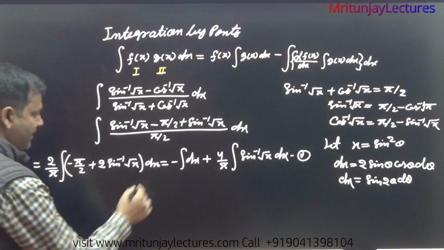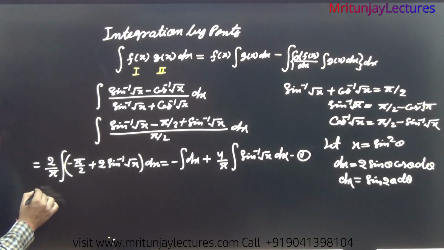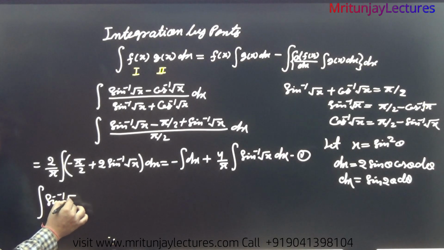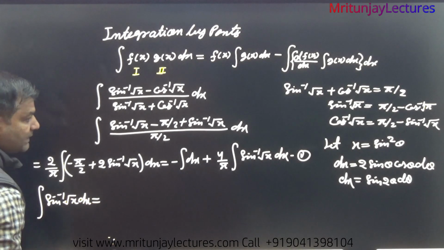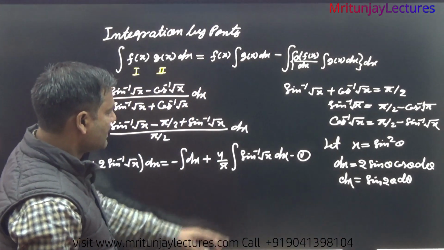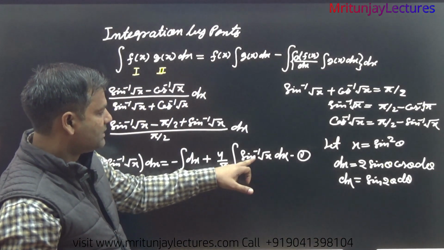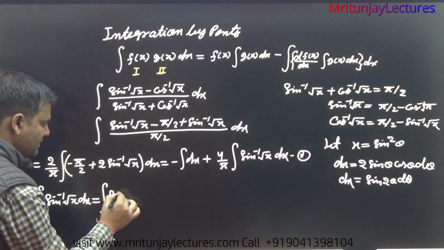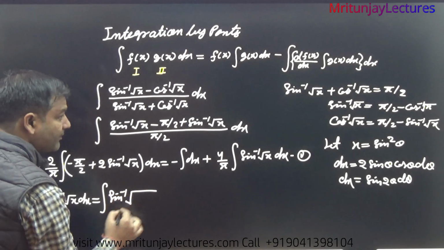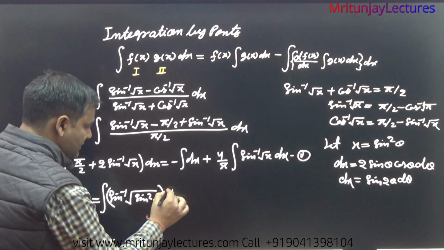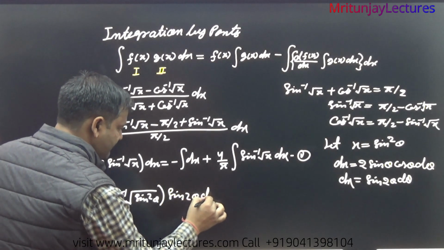So how can we do it? First of all, if you see very carefully, in sin inverse root x dx, dx is replaced by sin 2 theta d theta, and sin inverse under root x is written as sin inverse root sin square theta, into sin 2 theta d theta.